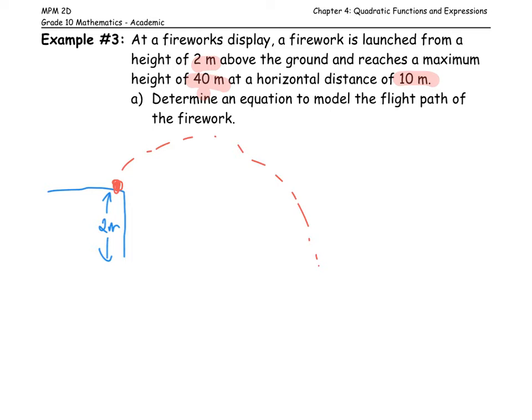So if I find what I would consider the top point in that parabola, I'm going to locate that. This is just my diagram, so the accuracy doesn't matter so much. I know that at that point, the distance from the ground is going to be 40 meters, and the horizontal distance is 10 meters.